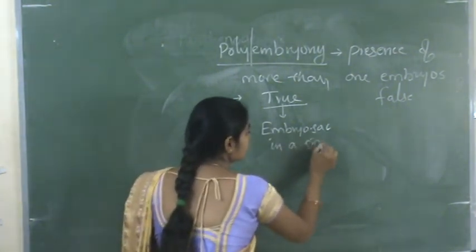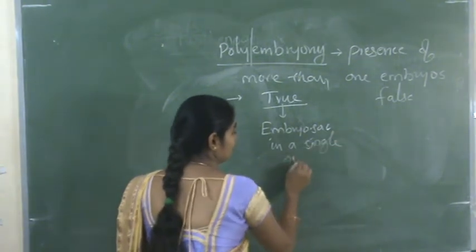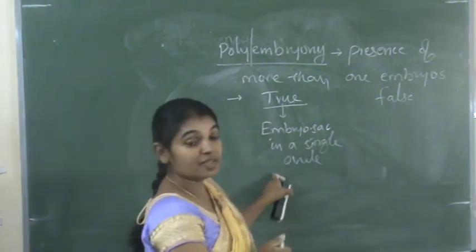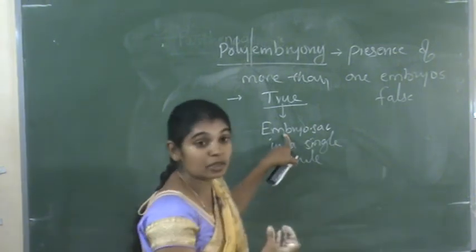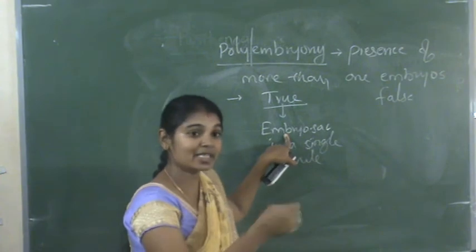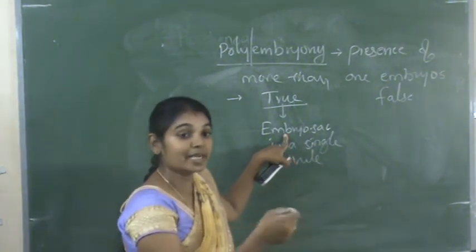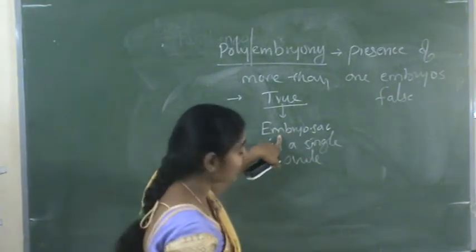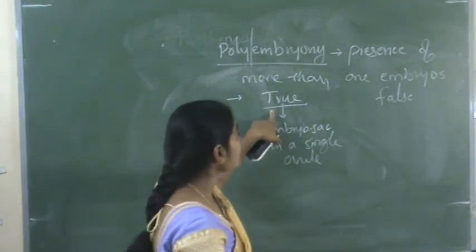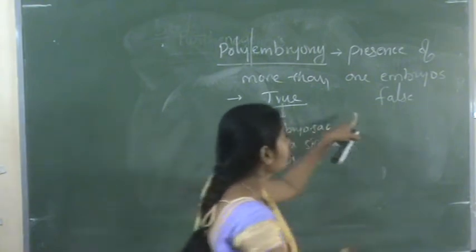For example, if a single ovule contains more than one embryo sac, each embryo sac contains one egg cell, and that egg cell develops into an embryo. That is one condition, known as true polyembryony.